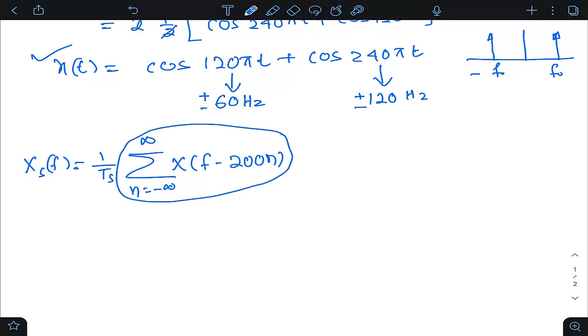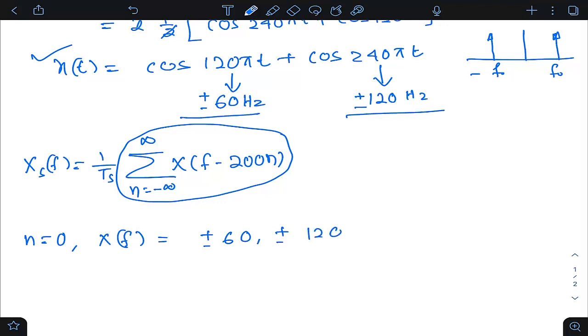So see, students, if I take n equal to 0, the summation will give me x of f. So x of f, what are the frequencies? The frequencies are plus minus 60 and plus minus 120. We have already evaluated this. Now you take n equals 1. You get x of f minus 200.